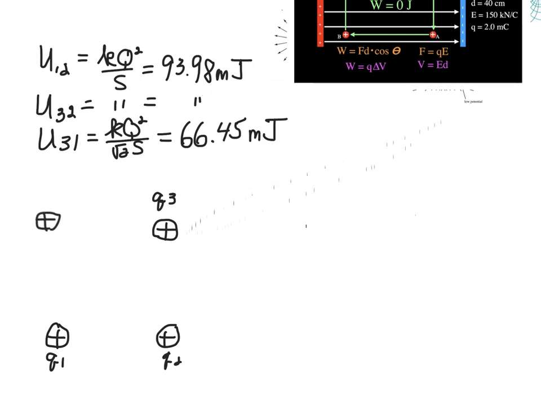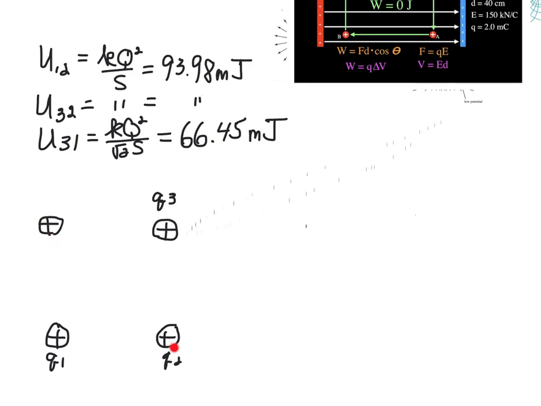And when I move this to the fourth corner, there's an energy due to its placement relative to this, and relative to that. So you can see the energy of Q4 relative to Q3 is the same as that. And the energy of Q4 relative to Q1 is going to be that.